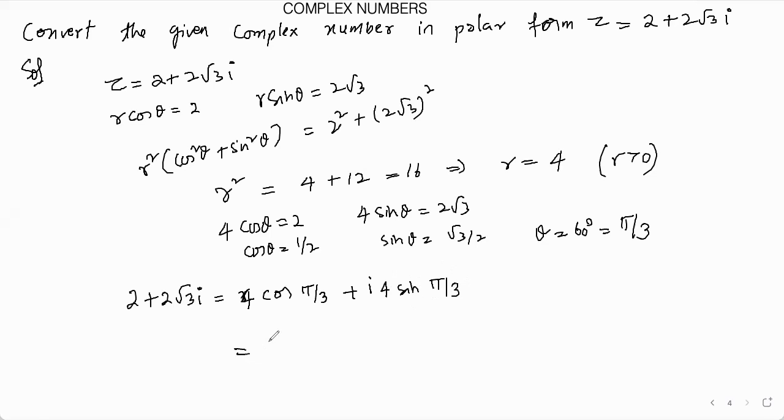So we'll take 4 common. So this will be cos pi by 3 plus i sin pi by 3. Also we can write this as 4 into e to the power of i pi by 3.